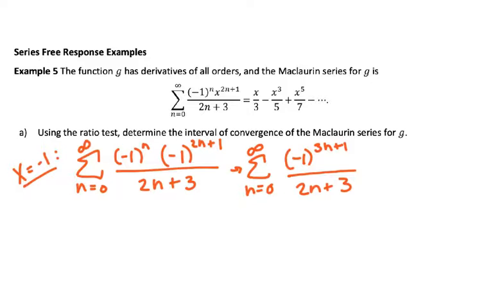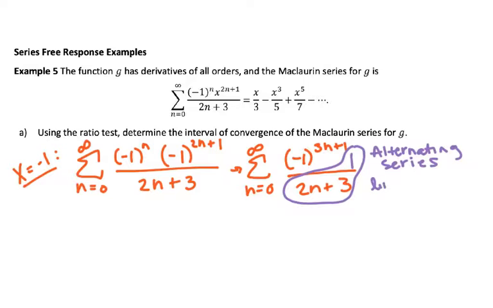And so what we're really looking at here is the alternating series. So this is an alternating series. So we're going to think about that test for convergence. Remember, we think of it as 1 over the function without the alternator.